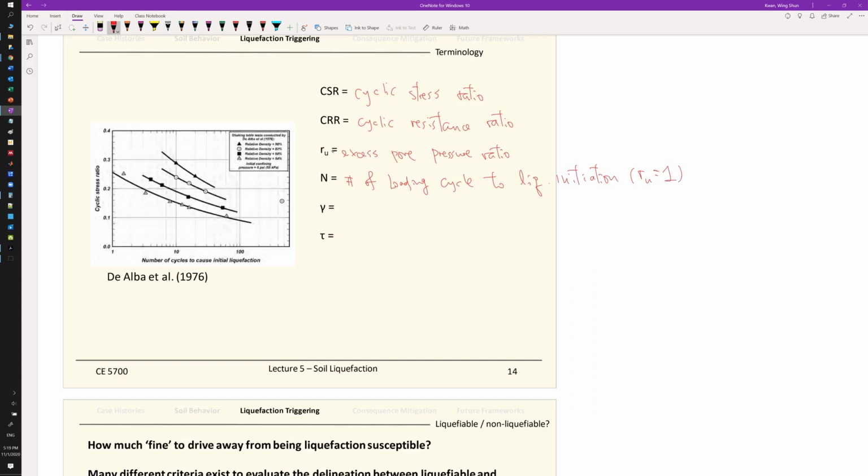Right? Because we talked about this: when the excess pore pressure ratio is equal to 1, that is the point that the soil has lost all the soil strength. We also talked about this too. The gamma is the shear strain, and the tau is the shear stress.